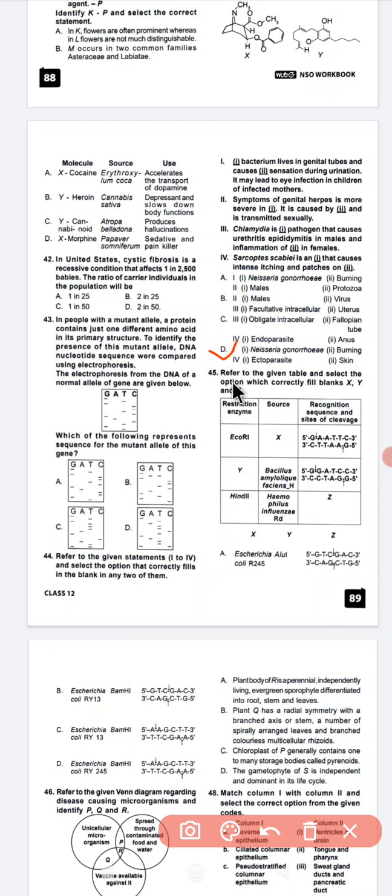Now we have question 45. Question 45 refers to the given table and select the option which correctly fills the blanks X, Y and Z. Now we have this chart. See this chart, that is restriction enzyme, source and recognition sequence and sites of cleavage, E. coli, X and all this.